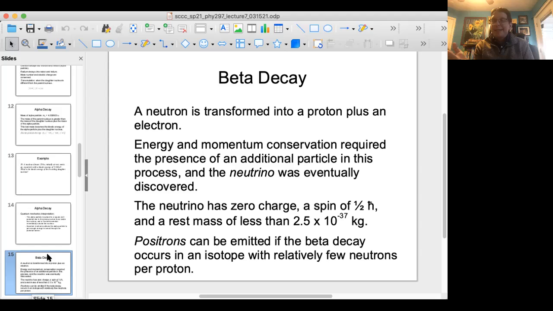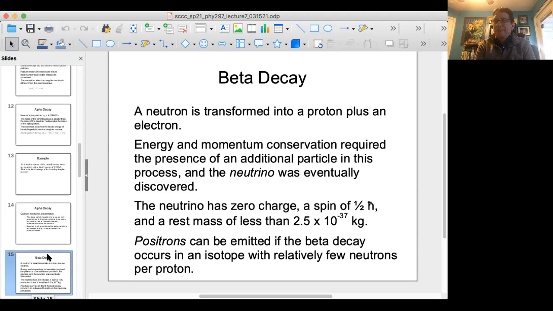And so the atomic number goes up. A is conserved, but Z goes up. And so an electron is booted out of the nucleus, but you may have some additional energy.